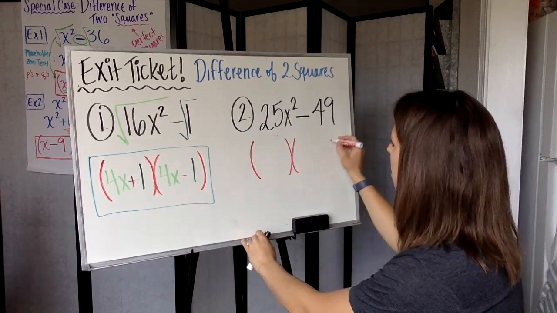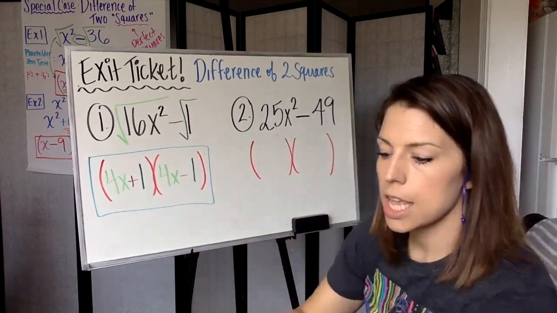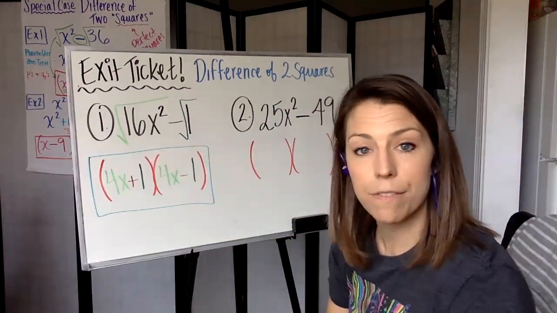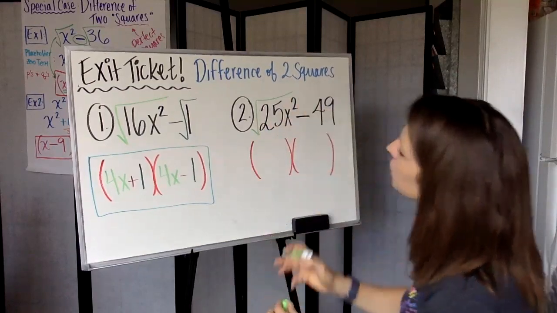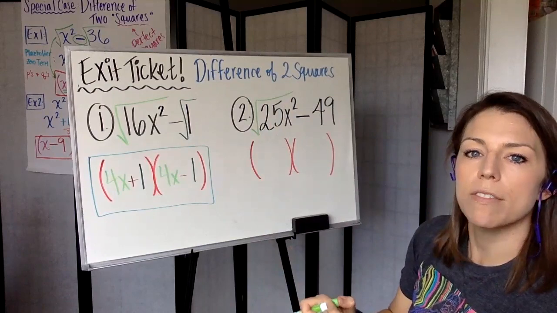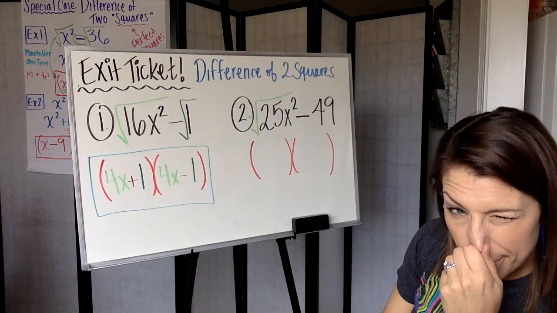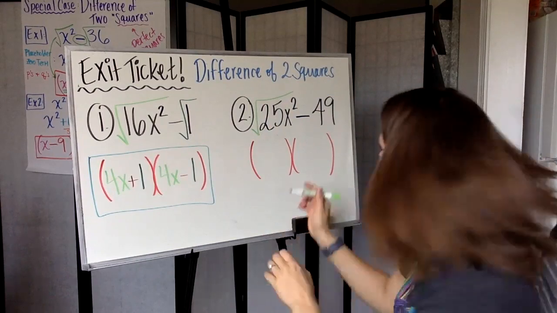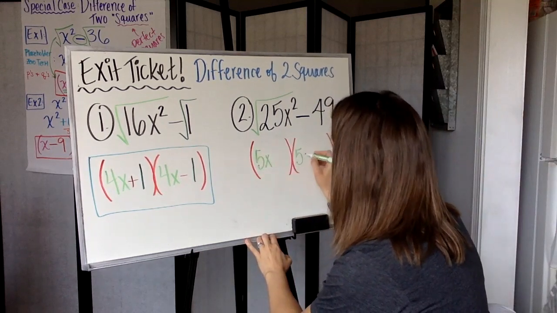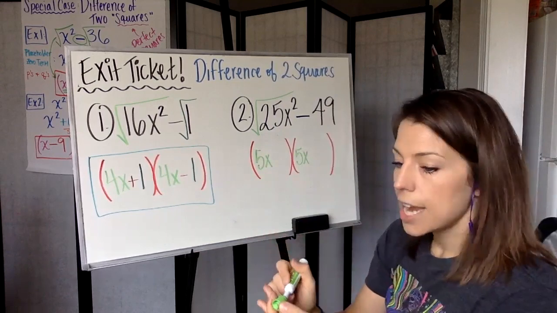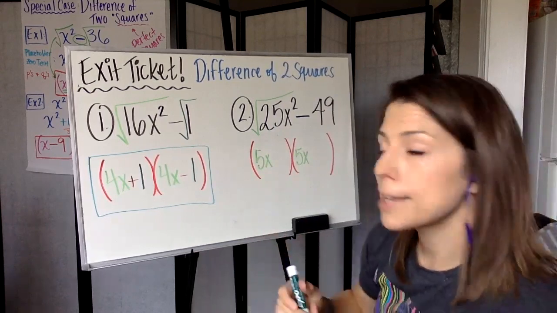Here we go. Step one, take the square root of the first term. What is the square root of 25x squared? Meaning what times what is 25x squared? 5x times 5x. Now take the square root of the second term.